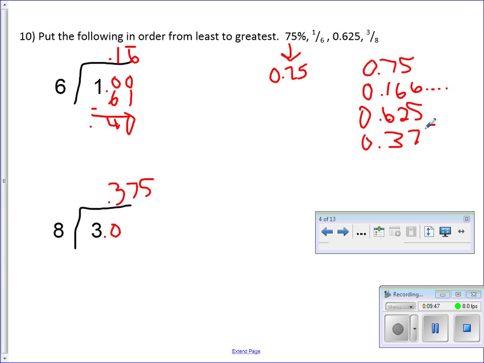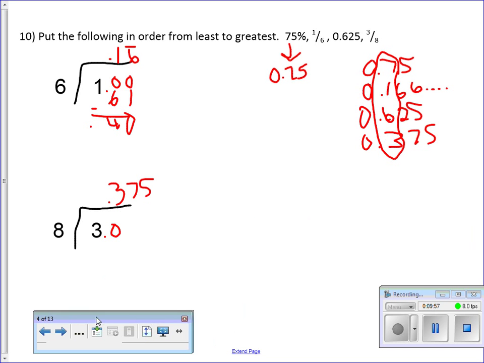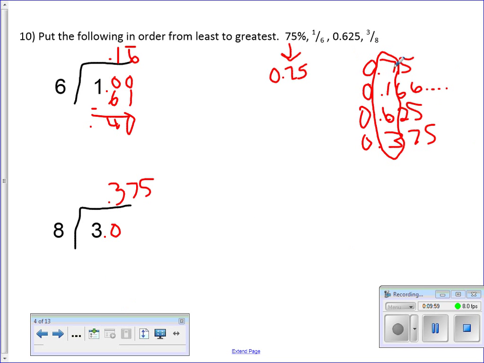So lining up my decimals here, if I look at my tenths place, I'm drawing with a mouse, which is not very easy. When I look at my tenths place, I can clearly see what's the smallest and what's the largest. So my 0.166 repeating is the smallest. That's 1/6. He goes first. Next is my 0.375.